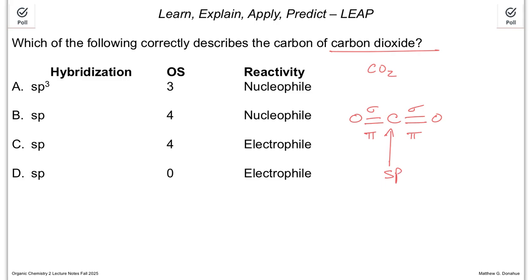The oxidation state: there's 2 oxygens, each has 2 bonds, so it's going to be 4. And due to electronegativity differences, the carbon is going to be delta plus, so it's an electrophile. So for this one, C would be the correct choice.